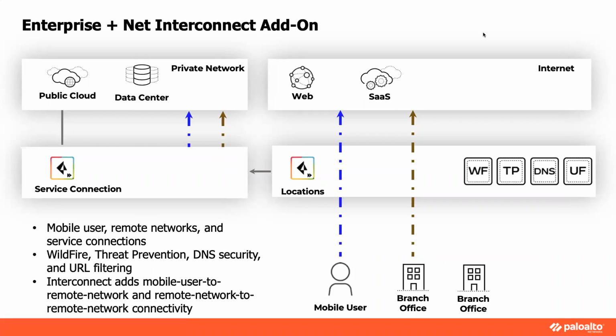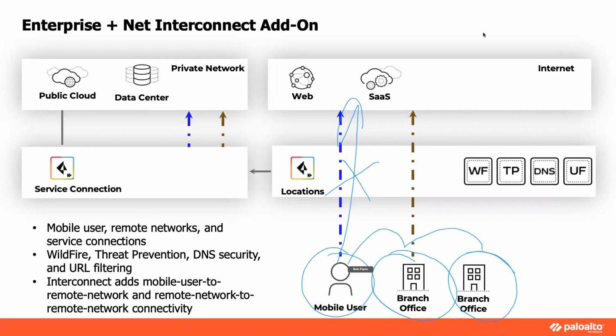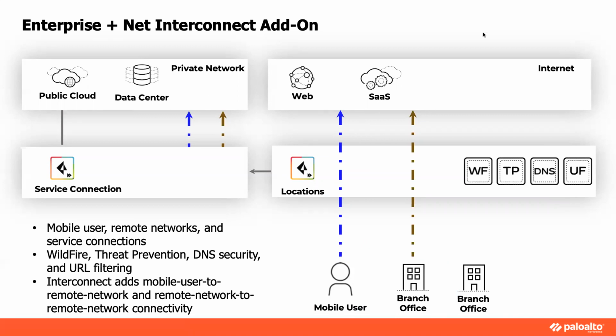Some customers may require the ability to have users in one remote network, or think branch office, storefront, that sort of thing, talk to users in another one. Or maybe mobile users, instead of going out to the internet, need to talk to users inside of an office. If that's the case and you want to do that securely through Prisma Access, we do have what we call our Interconnect add-on.